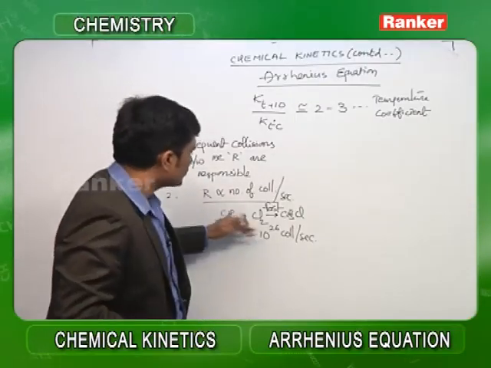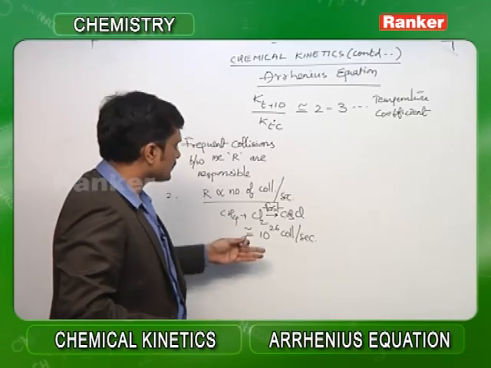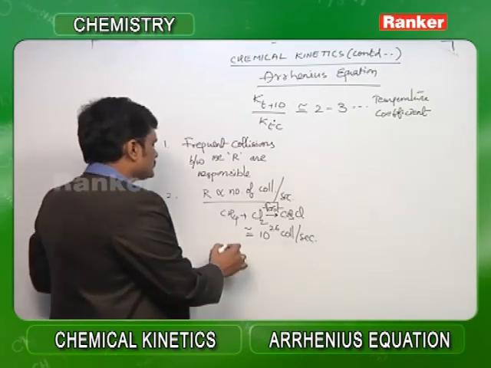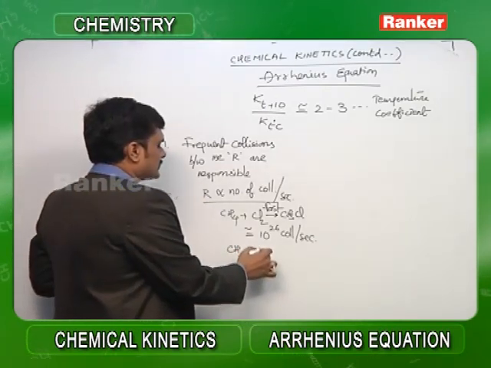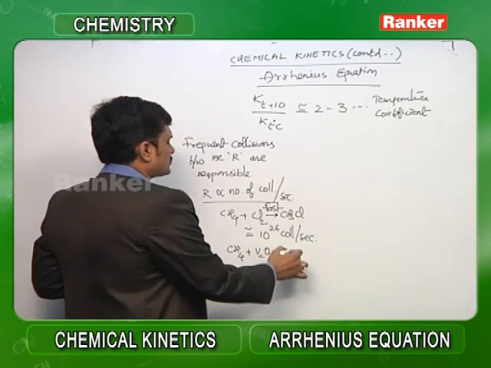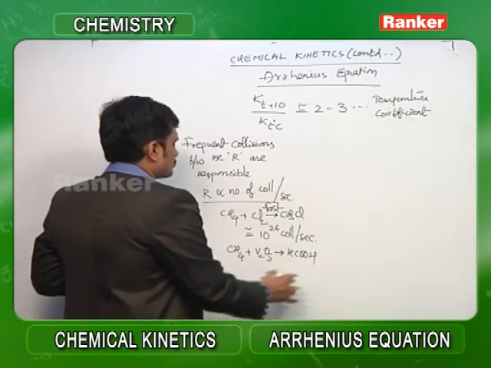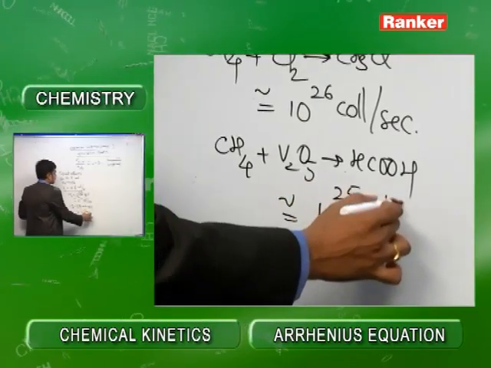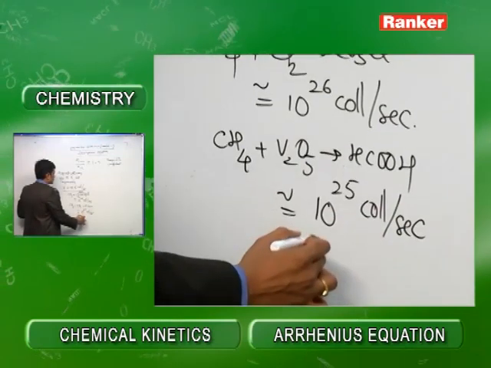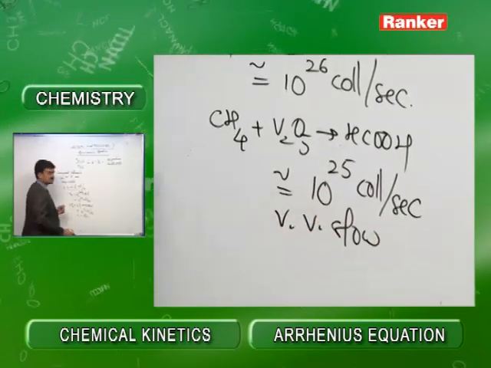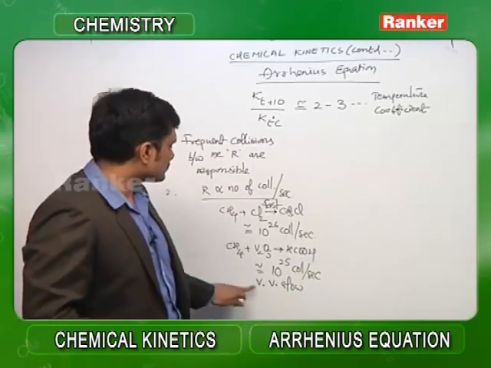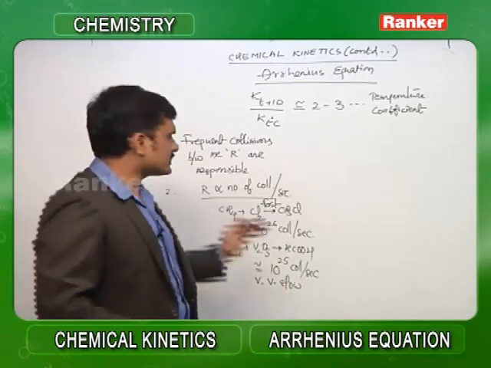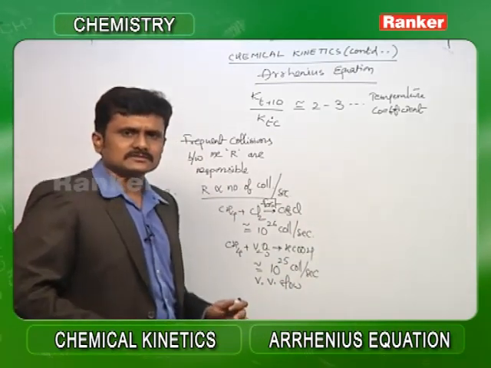But the same methane, when oxidized by vanadium pentoxide to give formic acid, has approximately the same number of collisions, yet this reaction takes not less than 72 hours for completion. That means it's a very slow reaction. So let's not say that rate is just directly proportional to the number of collisions.